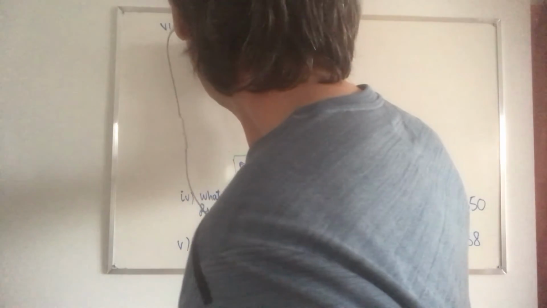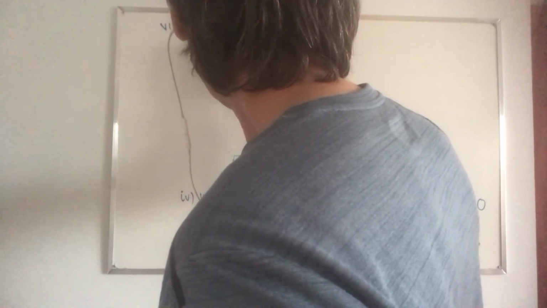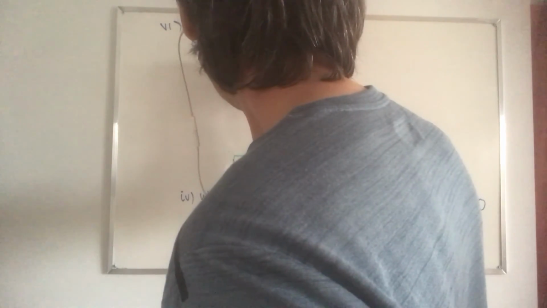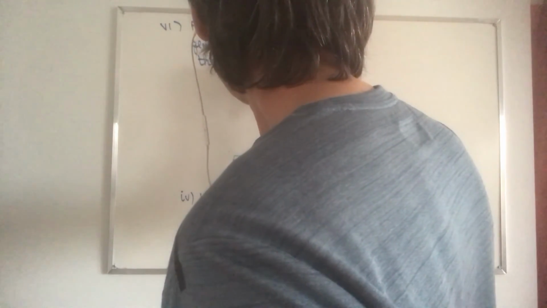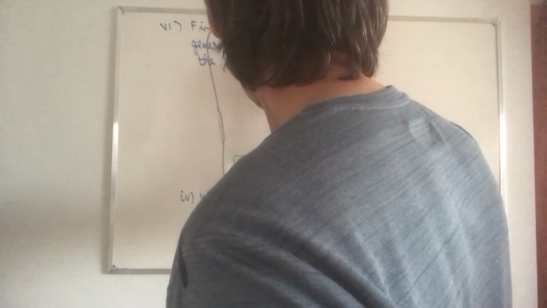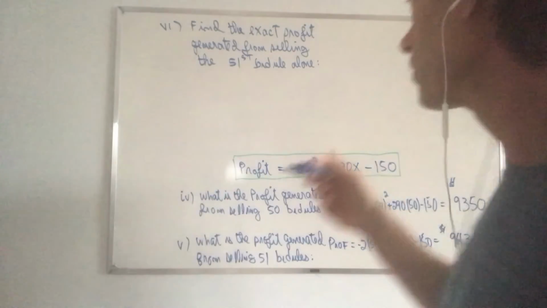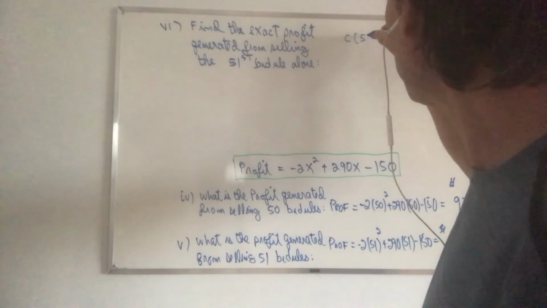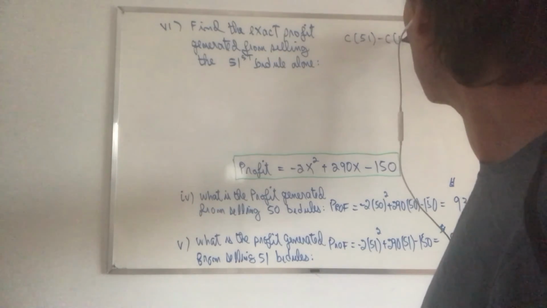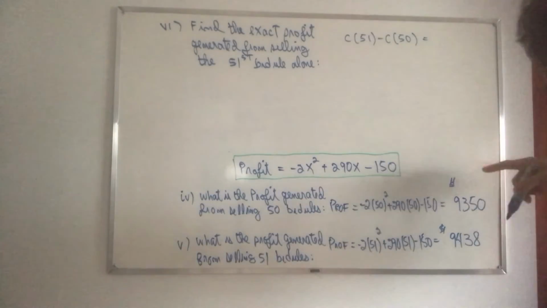Find the exact profit generated from making the 51st bidule alone, just this one. So you want the profit from doing the 51st, so you're going to have to go P of 51 minus P of 50, and that'll be the difference between those two amounts.